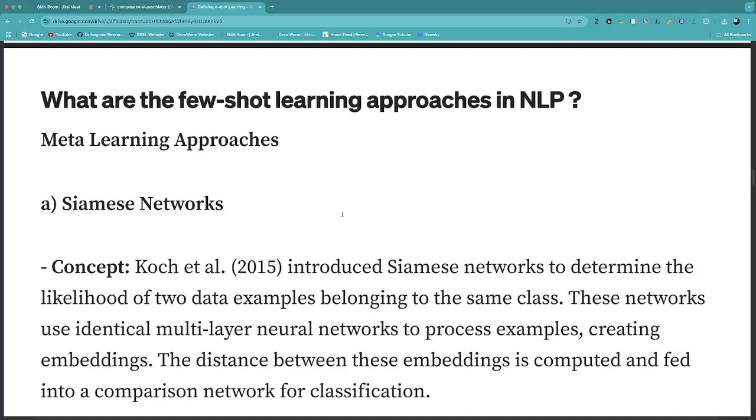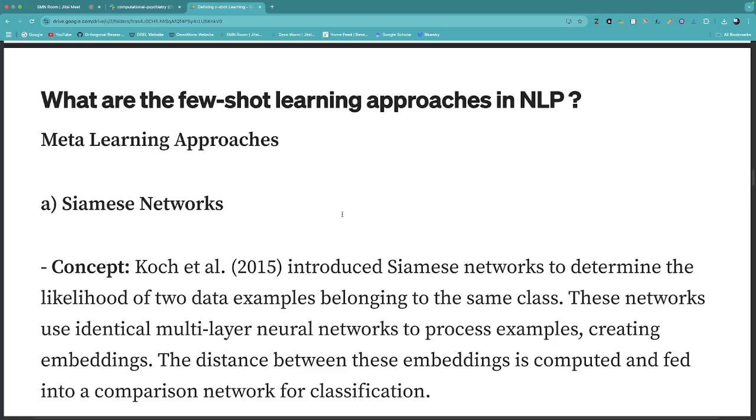Let's talk about the examples of few-shot learning in NLP. So these are meta-learning approaches, and the first example are what they call Siamese networks. Koch et al. 2015 introduced Siamese networks to determine the likelihood of two data examples belonging to the same class. These networks use identical multi-layered neural networks to process examples, creating embeddings.